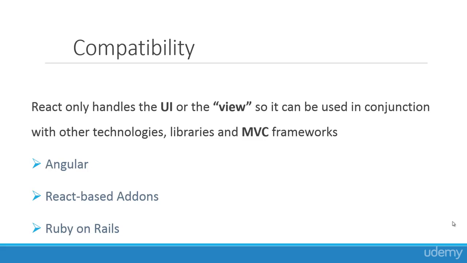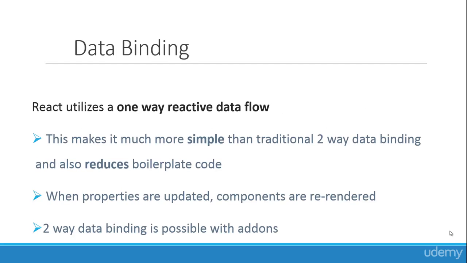So React only handles the UI or the view, so it can be used in conjunction with other technologies, libraries, and MVC frameworks. So React is not Angular, but you can use React with AngularJS. There's also a bunch of React-based add-ons to add functionality, and you can use it with frameworks like Ruby on Rails, as well as many other frameworks, libraries, and technologies.